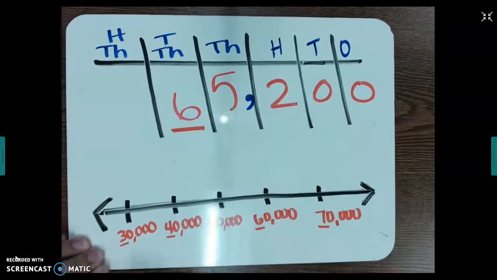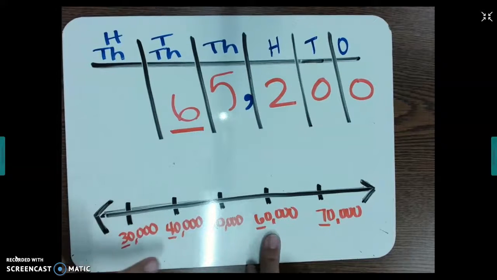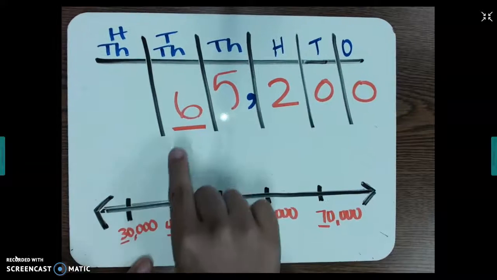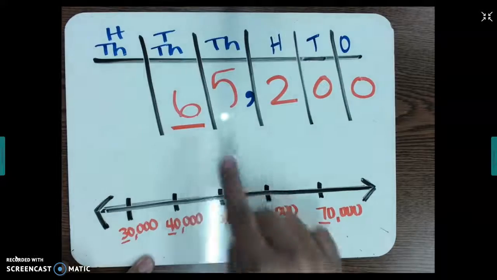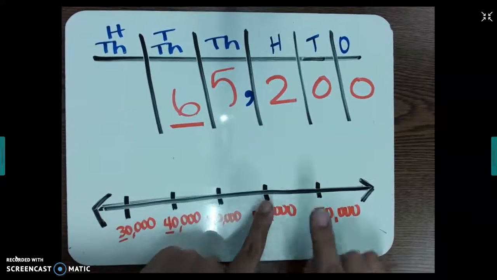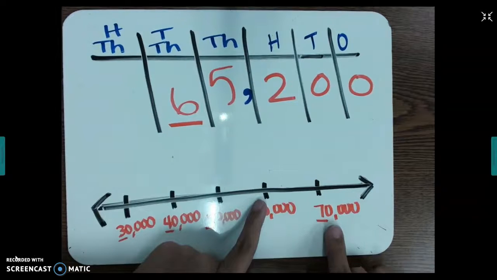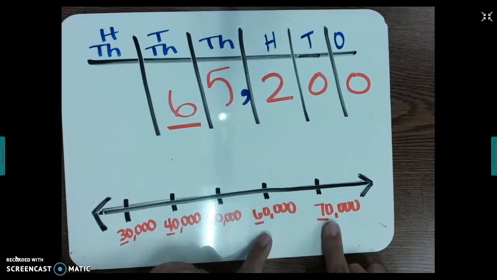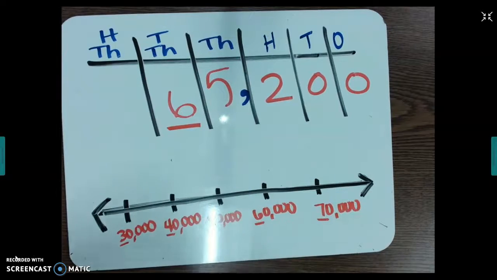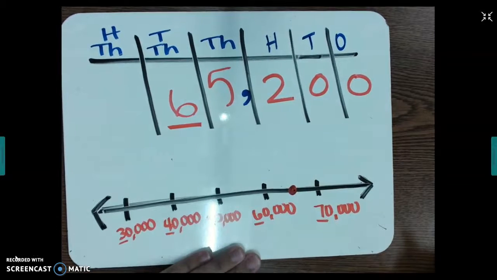So I know I need to look here and see if any of my other numbers match. So it's not 30,000, 40,000, or 50,000. I come here to 60,000. And I know it's 65, which is in the middle somewhere, and it's not larger than 70,000. So I know my point is going to go, again, somewhere here in the middle.